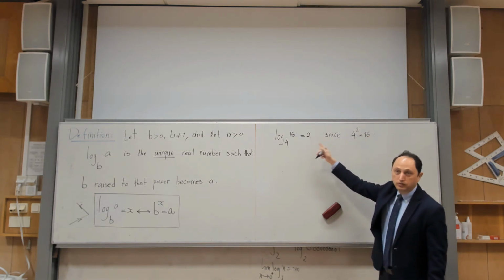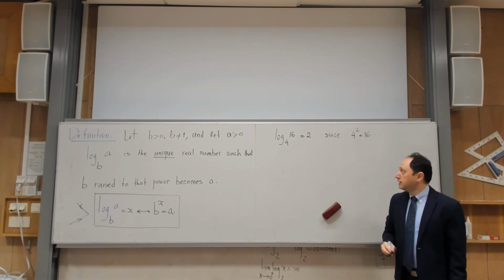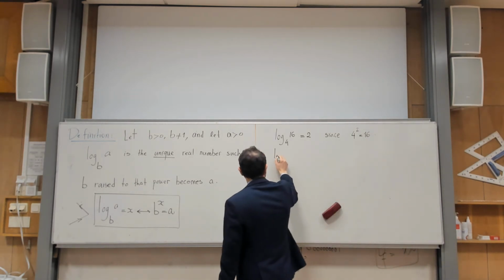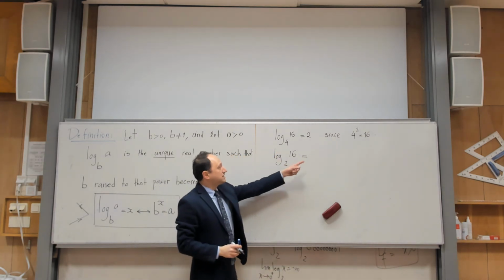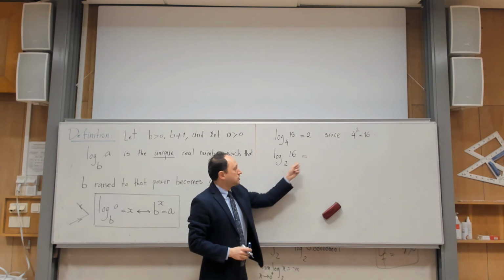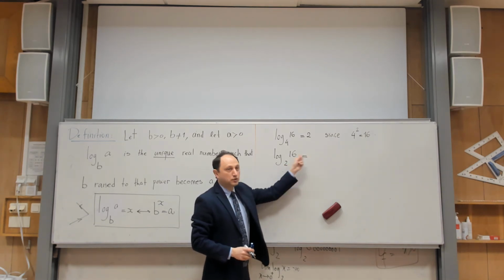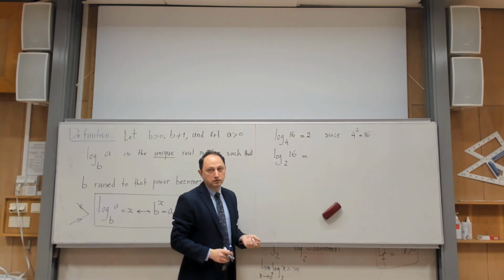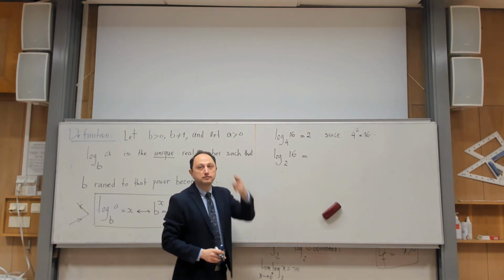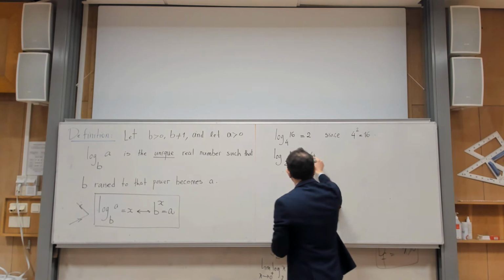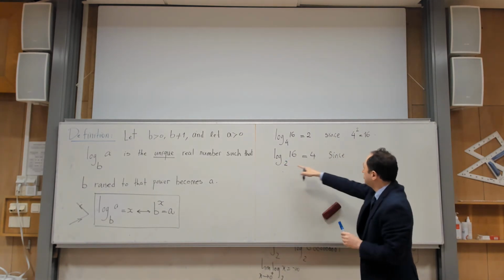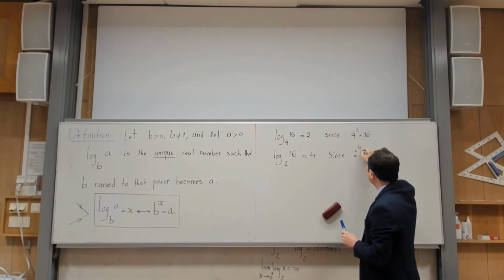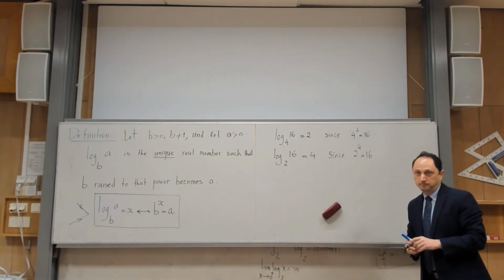If the answer is no, then this is false. Yes? For example, logarithm of 16 in base 2. Can you guess it? This is asking you, give me a number here so that when I raise 2 to that, it becomes 16. So what's the answer? Yes? 4. So you should write logarithm of 16 in base 2 is 4, since 2 to the power of 4 is 16.